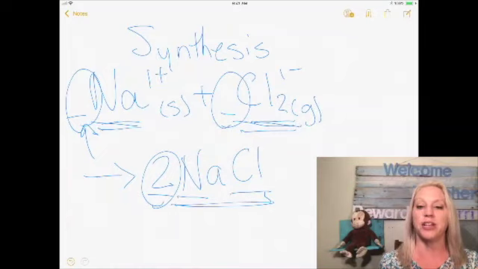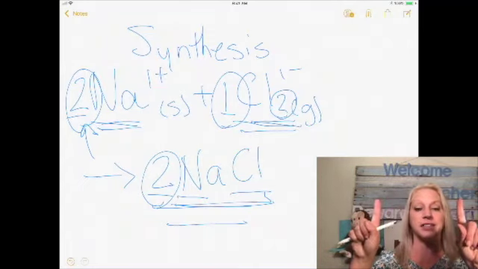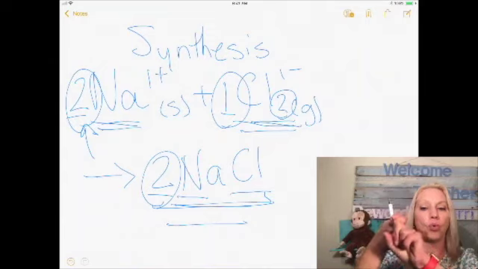So we have to change the number here also. We're going to put a 2 in front. This means now we have 2 sodium and we have 2 chlorine. So we can make that just 1 chlorine gas will produce 2 sodium chlorides. So again, notice in this reaction, we have 2 different reactants coming together to form 1.